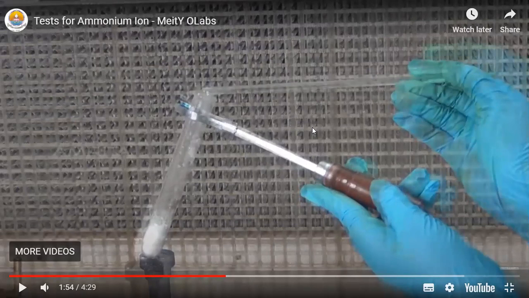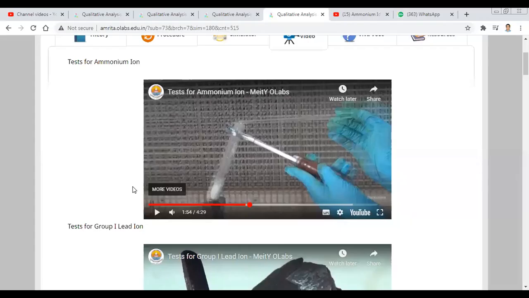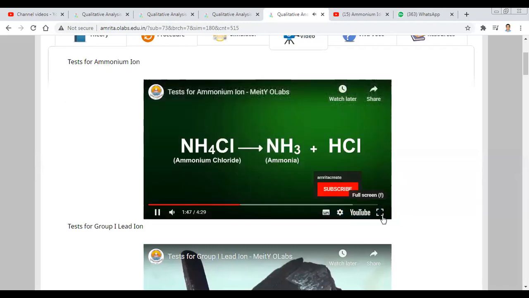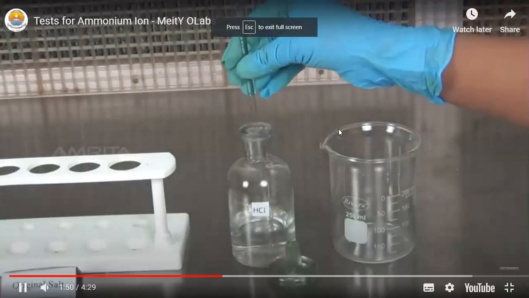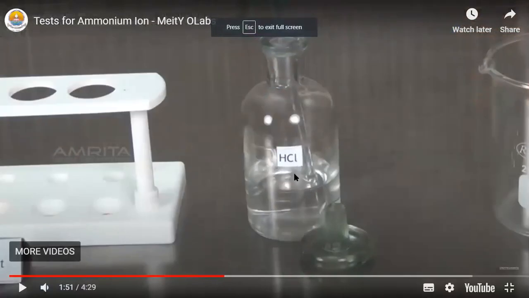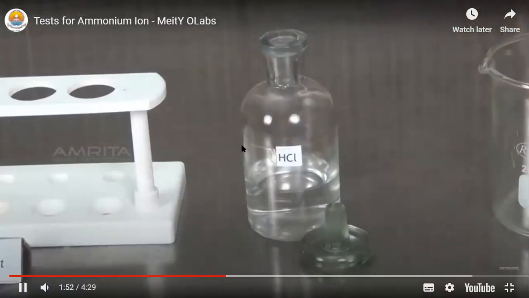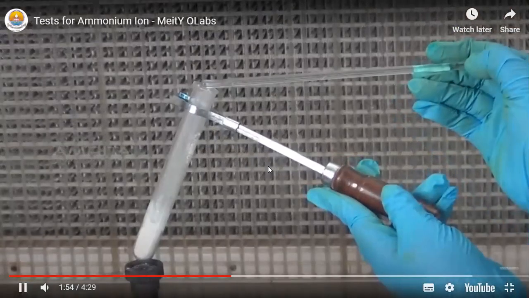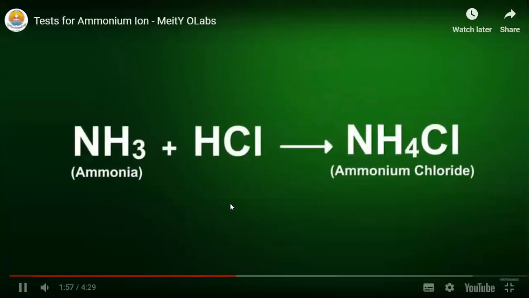This time we are going to bring a glass rod which is dipped into hydrochloric acid near the mouth of the test tube. So let me show you again: when we are heating, we dip a rod into the HCl and bring it near the mouth of the test tube. You can see that some fumes are produced.